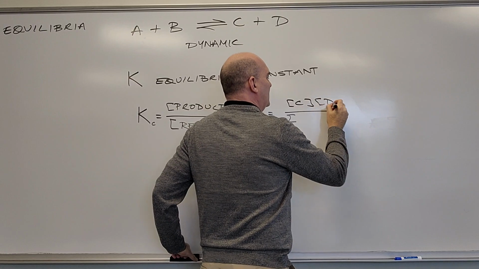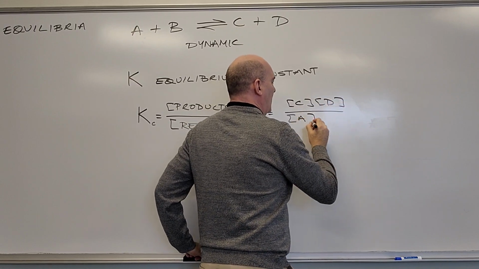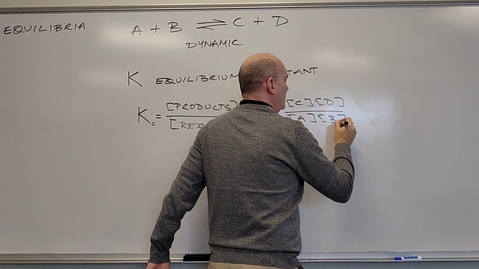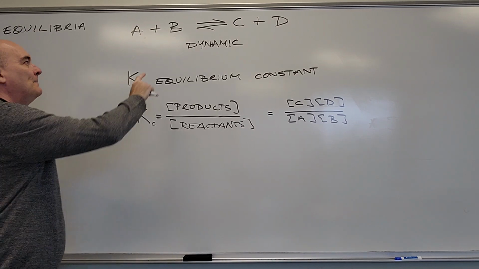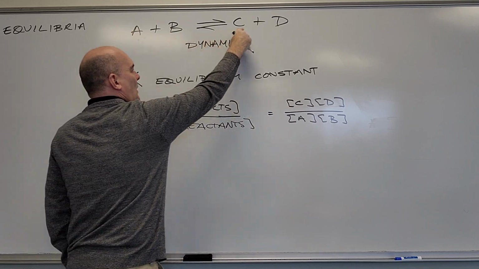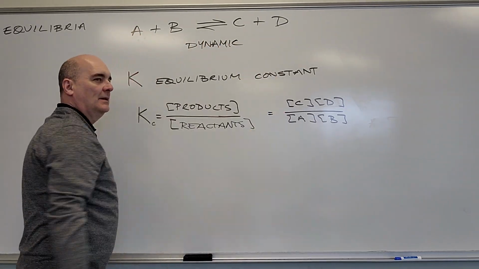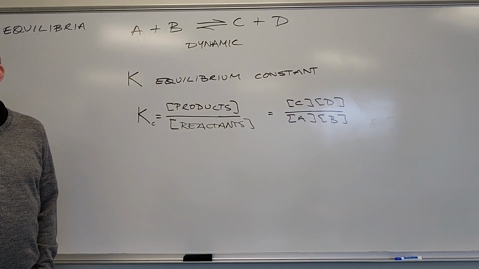C and D are products, and A and B are reactants. Anything else we need to worry about? No, not right now. If this is 1 to 1 to 1 to 1, then this is what it is.